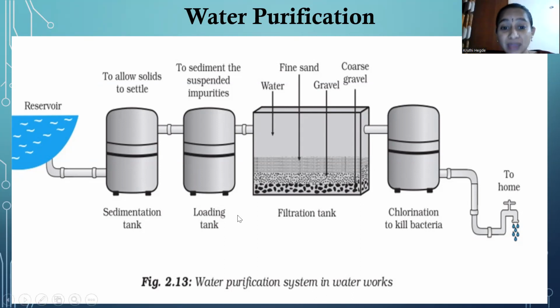This same thing happens naturally in nature, in the rivers and all. Rivers or lakes keep the water purified by this technique only, because in the rivers also there will be rocks at the bottom. Big rocks will be there, then thin sand on top. When the water passes through these layers, it gets purified.